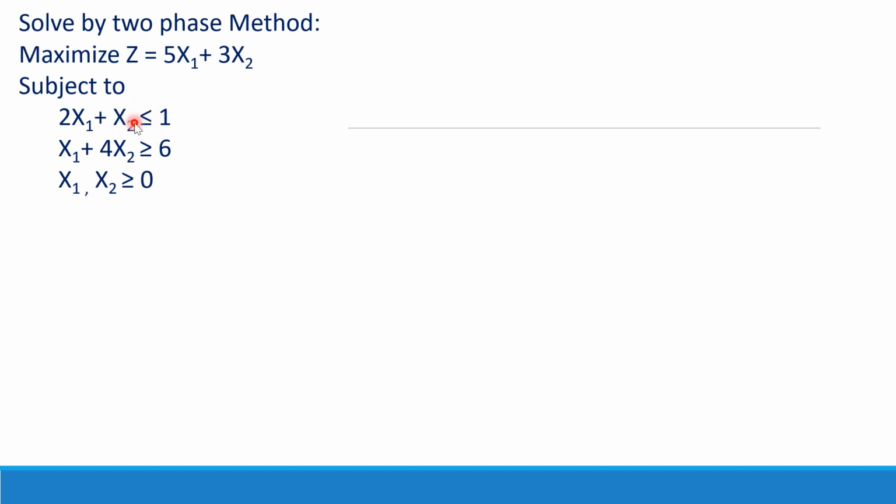Whenever a less than or equal to sign comes, we add a slack variable. The next constraint is x1 + 4x2 ≥ 6. That means we'll subtract a surplus variable from it and add an artificial variable to this constraint.